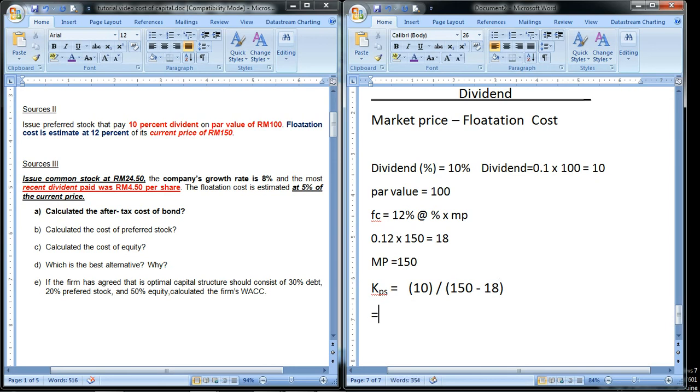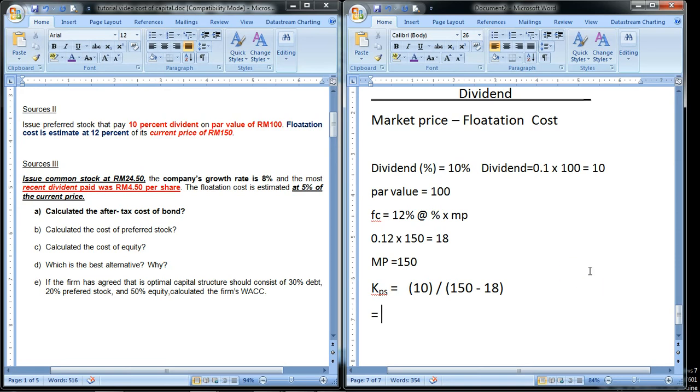What is the answer? Faster, class. Calculate with me together. Okay, now you must remember. 10 divided by 150 minus 18.